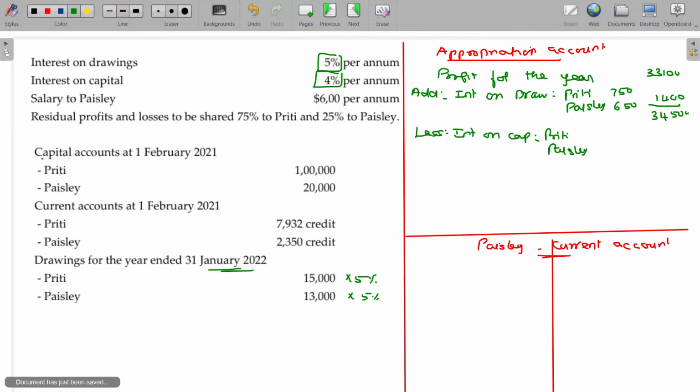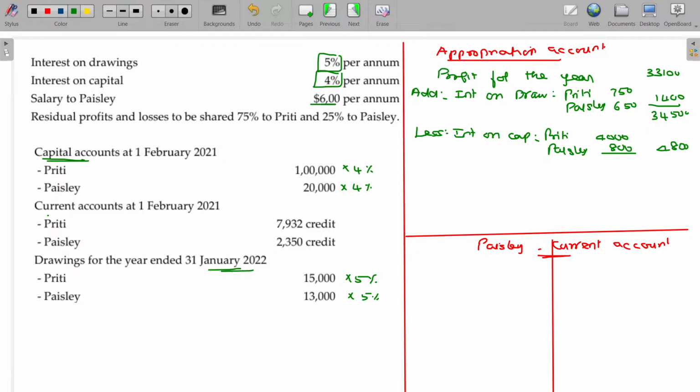Usually the interest on capital will be calculated on capital account balance, not the current account balance. So on that 4% and on this 4%, 4,800. And we'll go for the interest on capital.